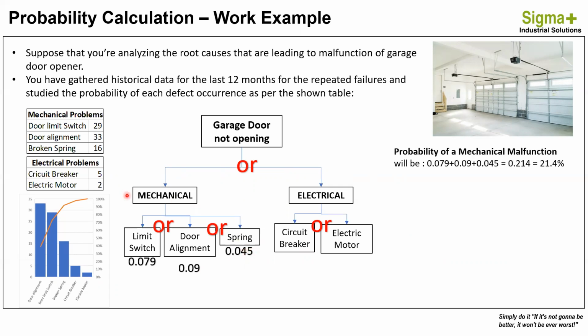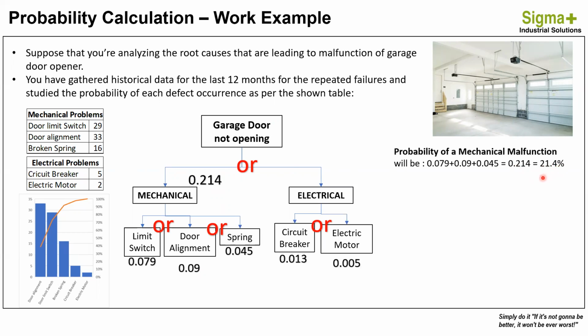And I can then calculate the total probability of the mechanical malfunction, which will be 0.079 plus 0.09 plus 0.045, which is equal to 0.214 or 21.4%. So I can say that the mechanical design system has a reliability such that the probability of failure in 1 year could reach 21.4%.